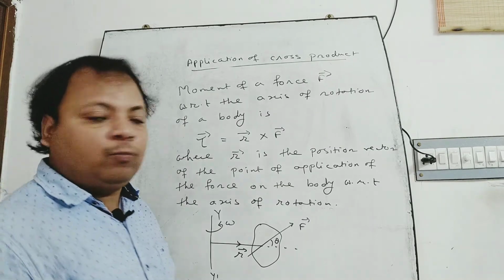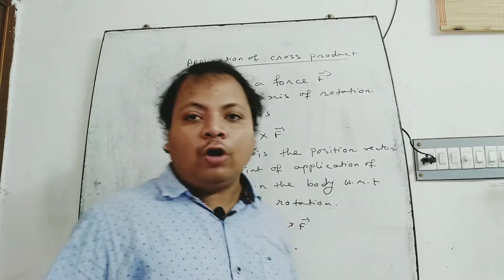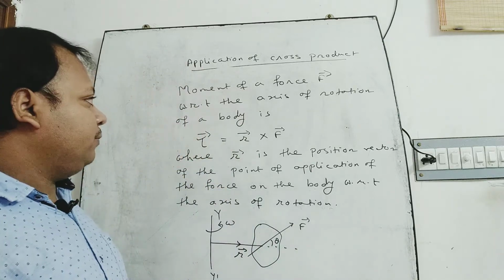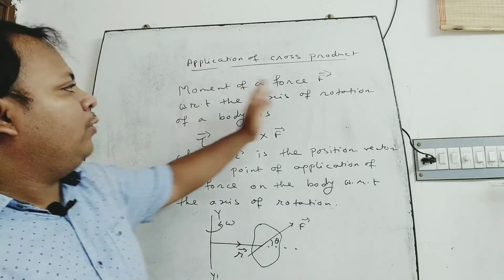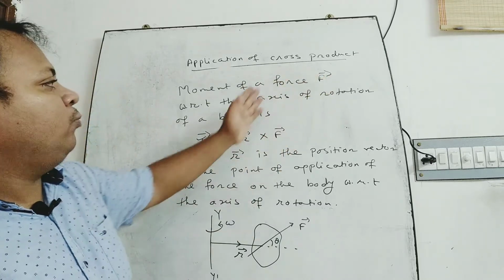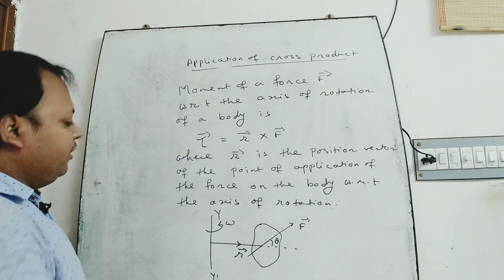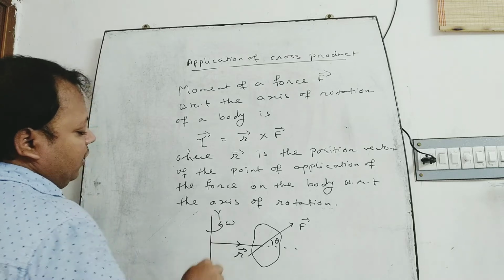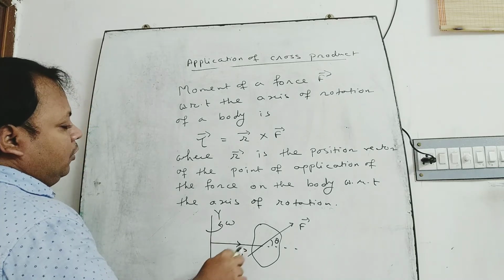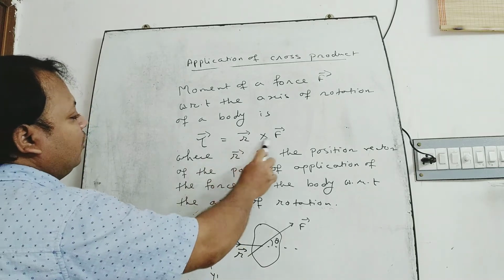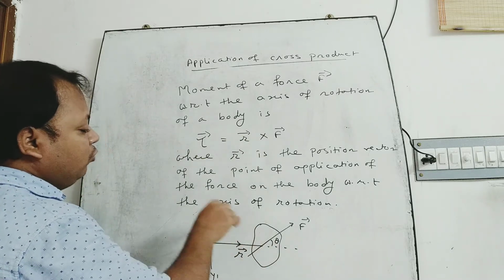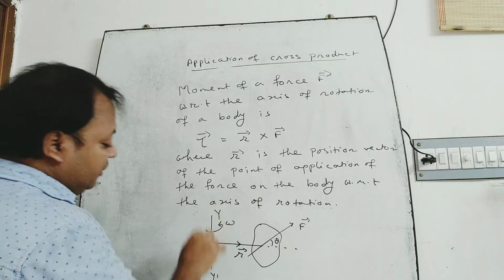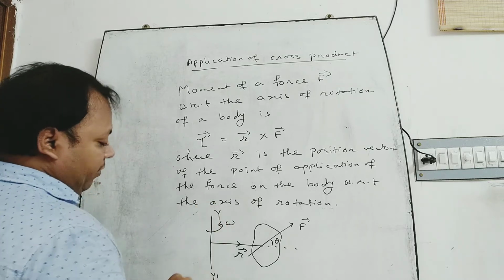Another application of cross product is to find the torque or moment of a force. Let the moment of a force F vector, with respect to the axis of rotation y prime, be tau, equal to r vector cross F vector. A body rotates around an axis y prime.